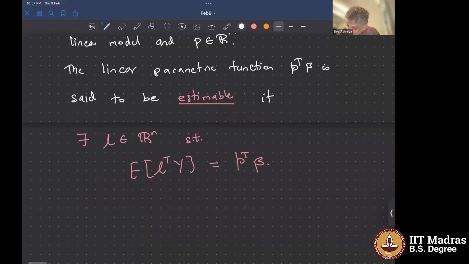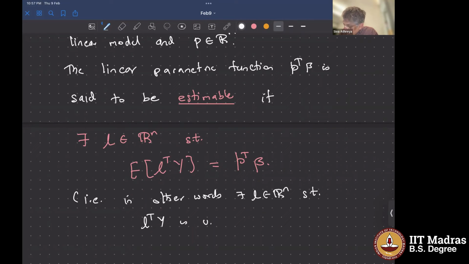In other words, in early statistics terms, there exists a vector L in Rn such that L transpose Y is an unbiased estimate of P transpose beta.